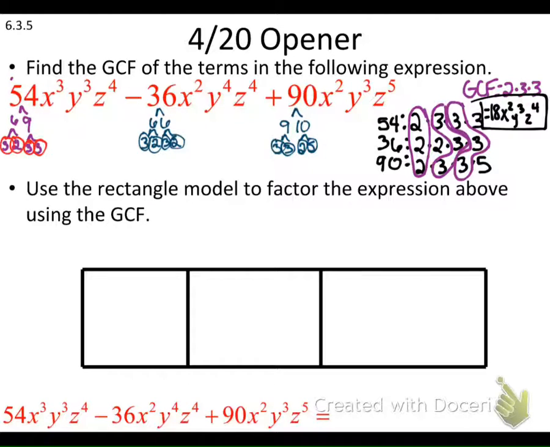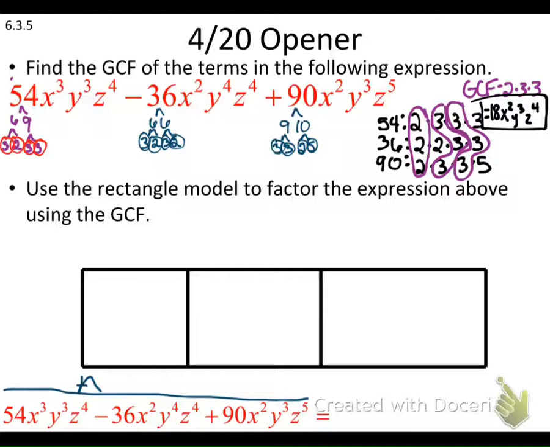Okay, now what are all of these numbers here? Are they my area, my height, or my width? They're my area, right? I'm going to plug these numbers in at the bottom of my rectangles, because remember, this is my answer for each of these rectangles. This is what I'm trying to get to.